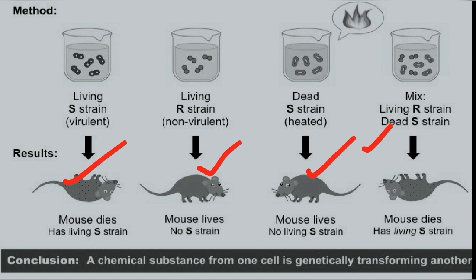Griffith termed the substance that was transferred from S3 to R2, making it living S3 type of bacteria, the transforming principle.